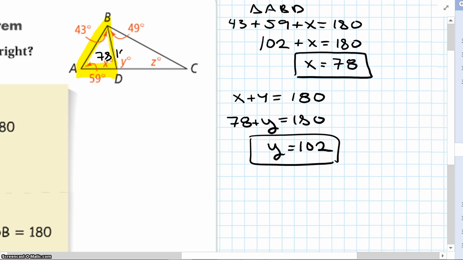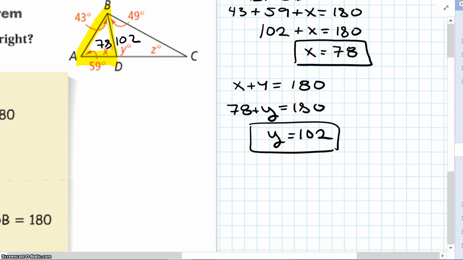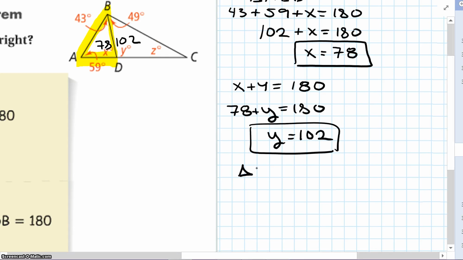Now that I know y is 102, okay, I can find z pretty easy. So let's worry about triangle BDC. Okay, we know the sum of those angles equals 180. So the measure of the interior angle of B is 49. The interior angle of D is 102. And the angle z we do not know.